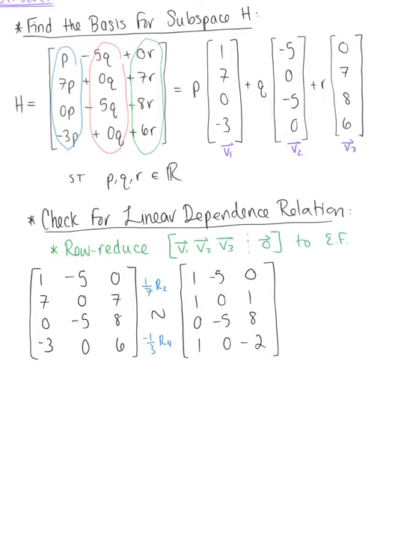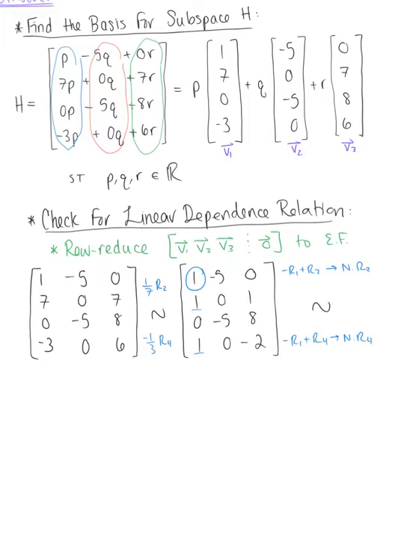Alrighty, so looking at the first pivot position, we want to use that to eliminate the entries below it. So we'll do minus the first row plus the second row to attain the new second row. And then we'll also do minus the first row plus the fourth row to attain the new fourth row.